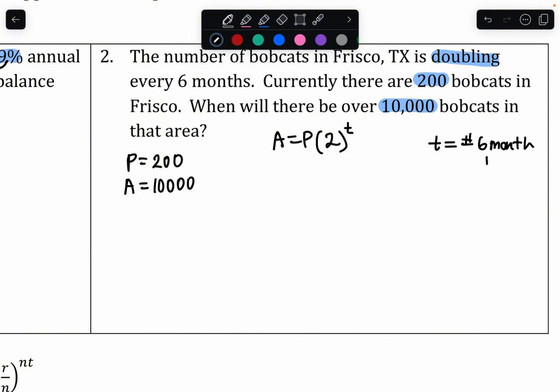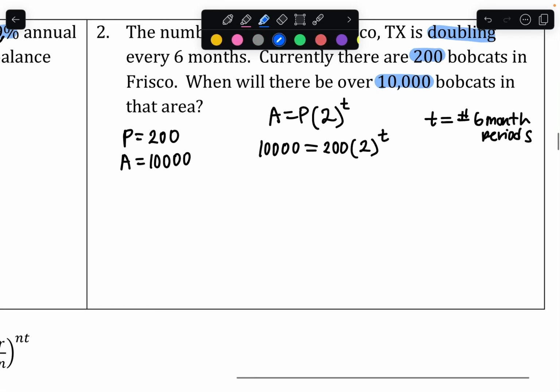T is the number of 6-month periods. We want to know when we're going to reach 10,000 by taking 200 and doubling it every 6 months. So we have to solve for the value of T.